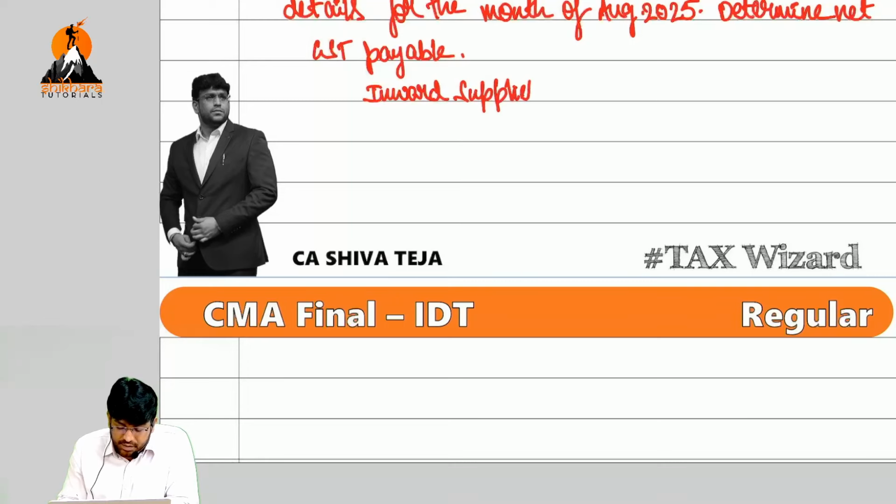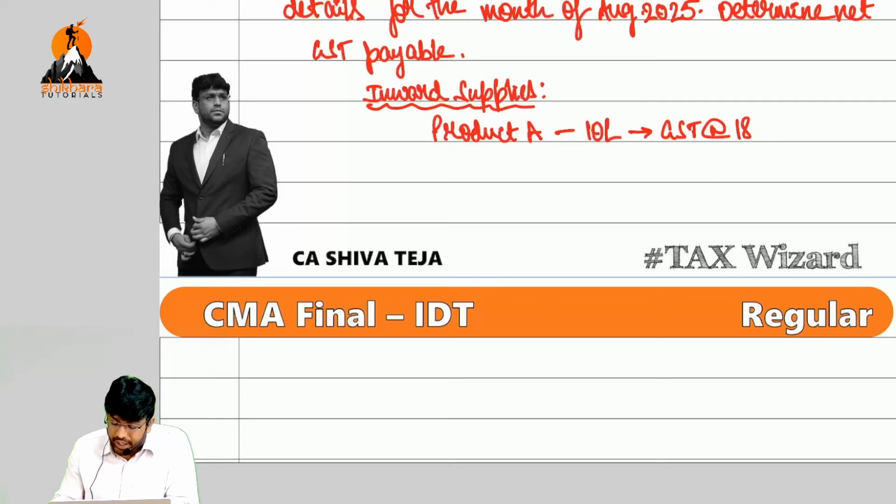Inward supplies. Product A, 10 lakhs, GST at 18%, intra.